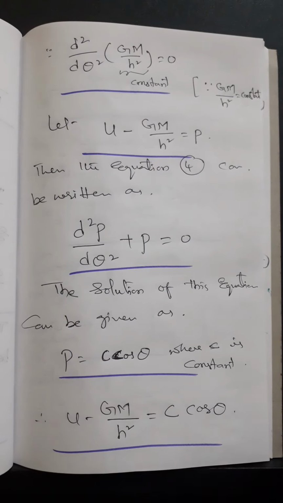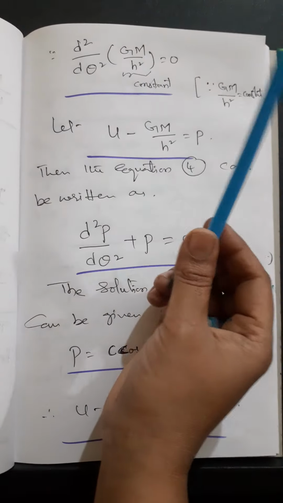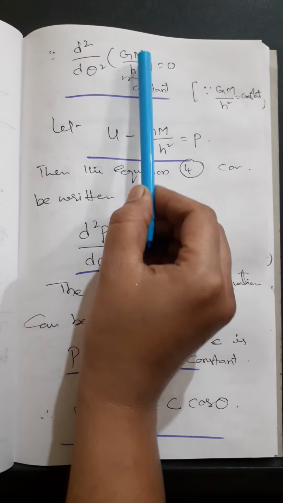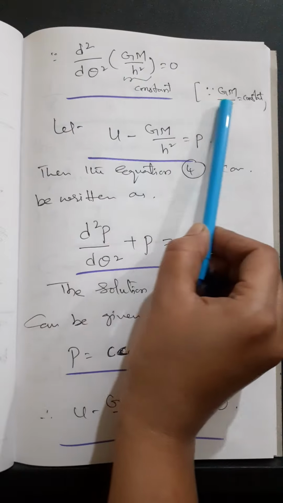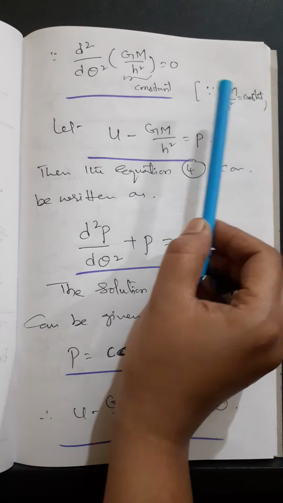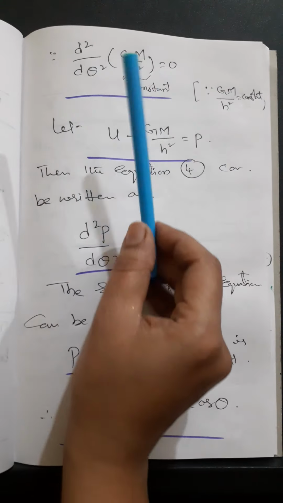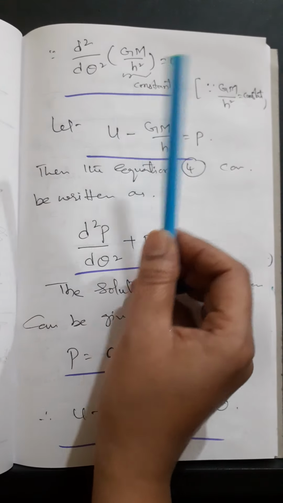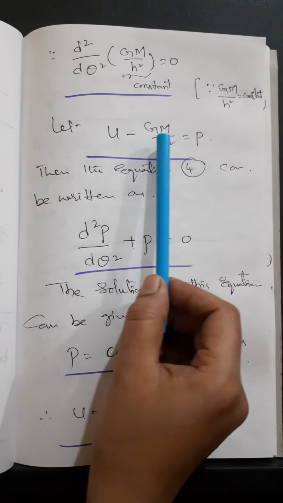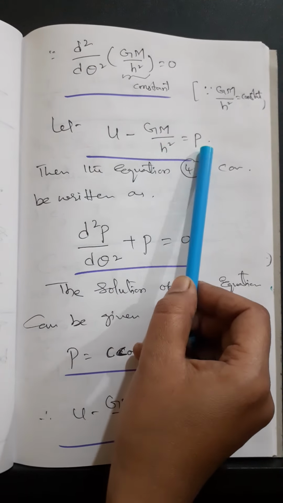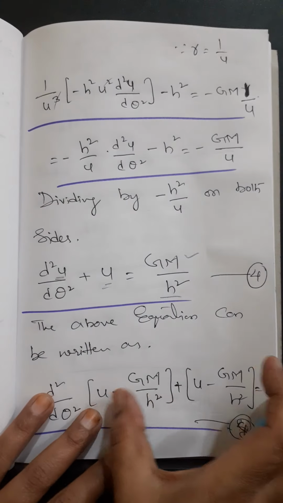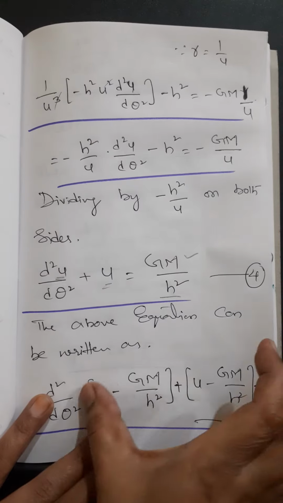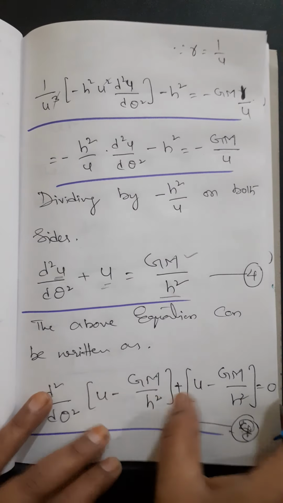Next, we know that gm by h square is constant: g is constant, m is constant, h is constant, so all are constant. So this can be written as d square u by d theta square of u minus gm by h square is equal to p. Here u minus gm by h square is written as p.